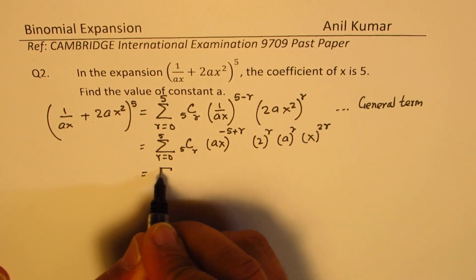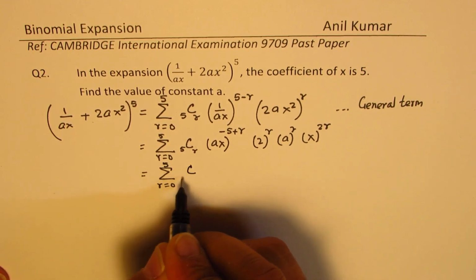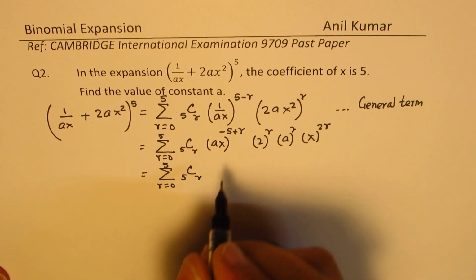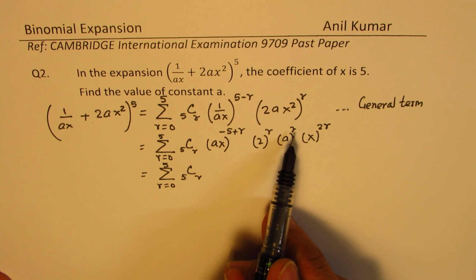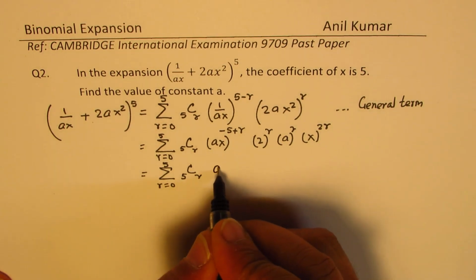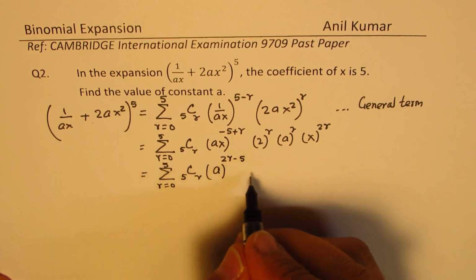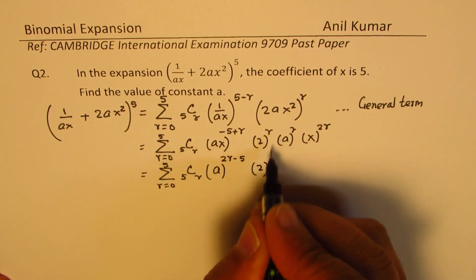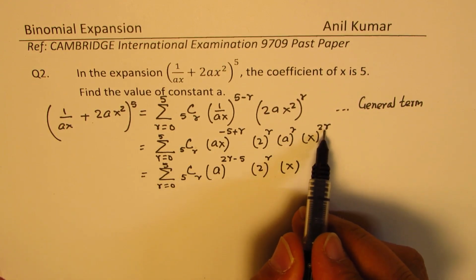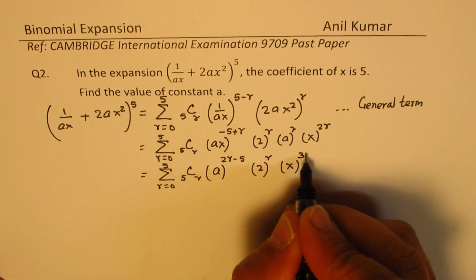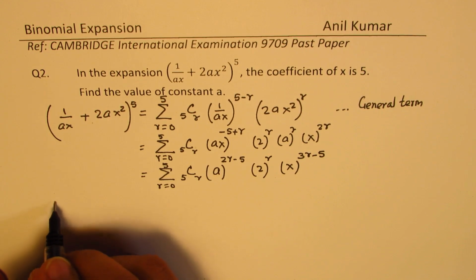Now let's simplify further. As far as the power of a is concerned, we have 2r minus 5, so a to the power of 2r minus 5. We have the term 2 to the power of r, and then x to the power of 2r plus r, 3r minus 5, correct?